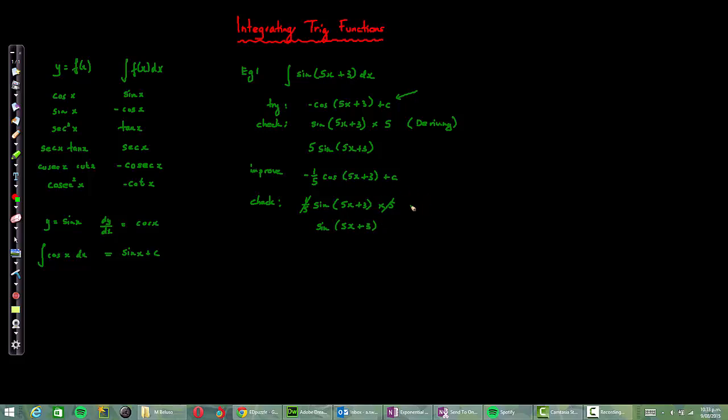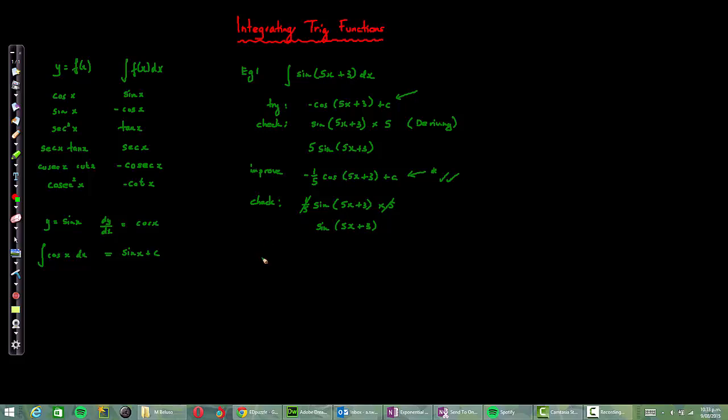Remember, what we're doing here is deriving to check to see if this is now our actual answer, and yes it is. It actually works because we can prove that by deriving it and getting back to our original function.